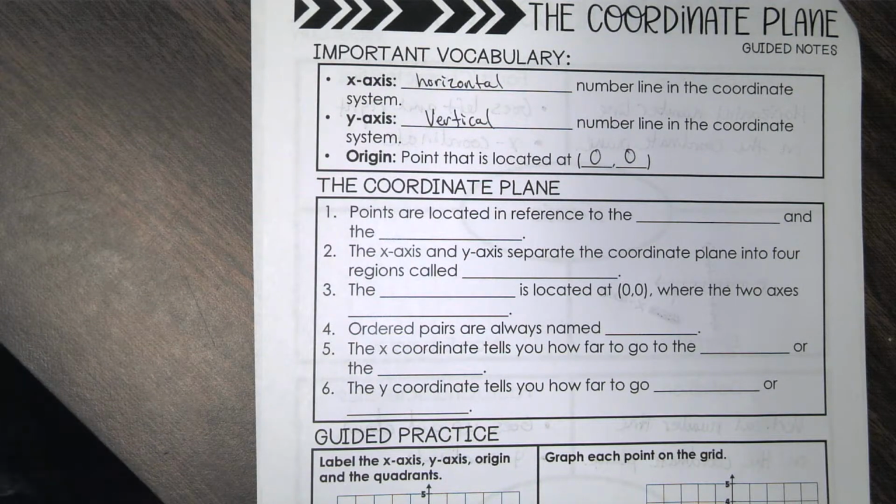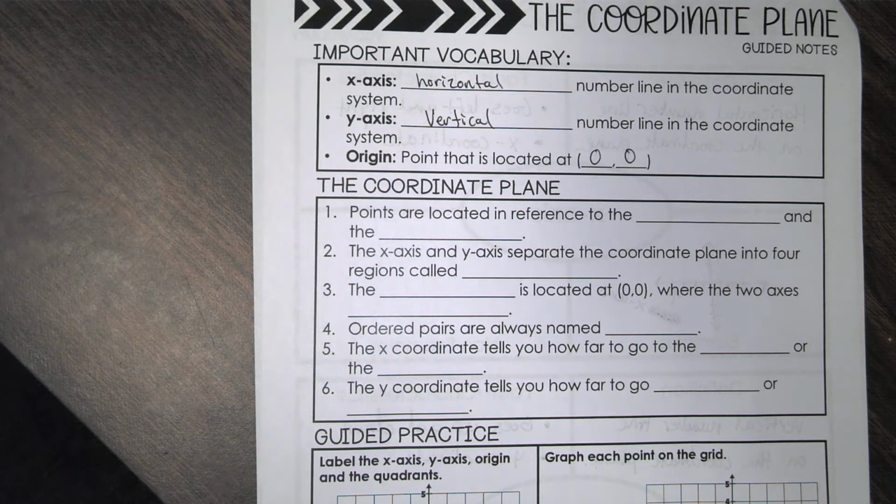Just 0, 0. Because if you look at this, this is a number line. Right here in the middle, we always put 0 for a number line. Everything to the right are the positive numbers. Everything to the left are negative numbers. This is just like a thermometer. You put 0 there, everything above it is positive numbers, everything below it is negative numbers.